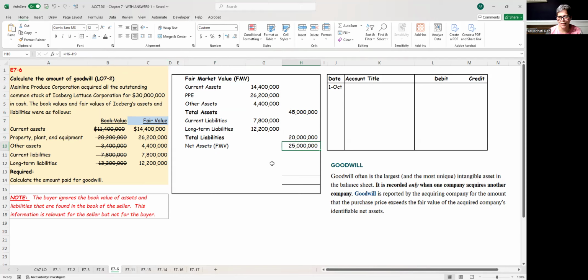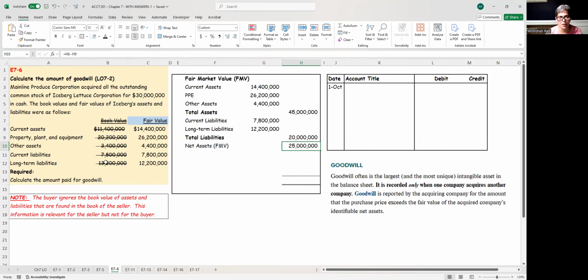Now, before we get to the next step of calculating goodwill, let's just quickly take a look at this. The current assets, $1.4 million in the books, $14.4 million is the fair value. Property, plant and equipment, $20.2 million, it's $26.2 million. Other assets, $3.4, fair value is $4.4. So all their assets are worth more if they sold them individually, and if I bought them individually, I'd have paid more.